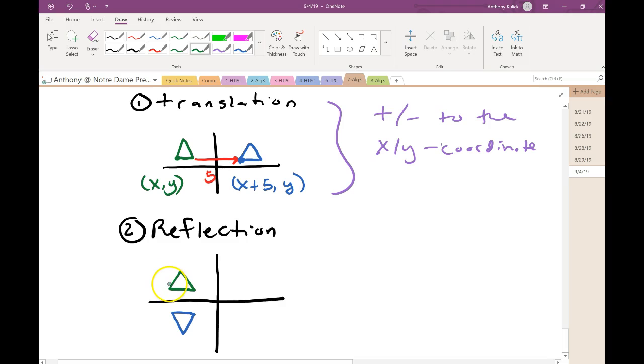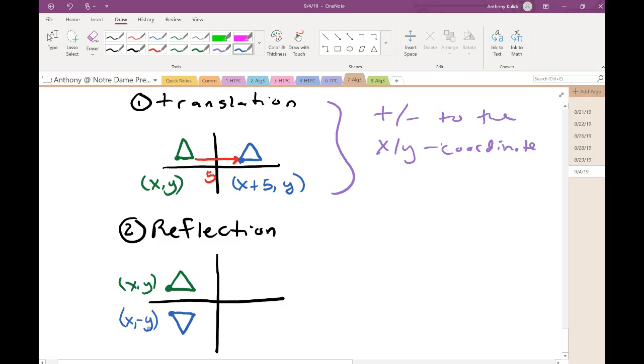So in this case, if this is a generic point x, y, how do the points change when we have the blue triangle? So which coordinate changed, x or y? The y, and how did it change?